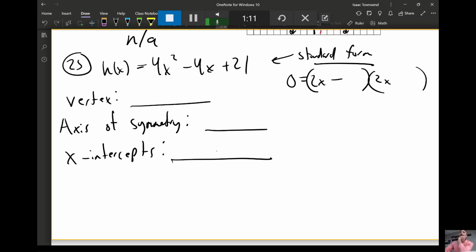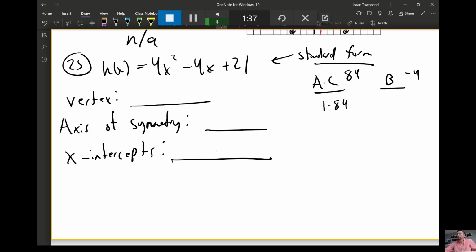let's see, 21. Okay, so if I can't see how to factor it with guess and check, my default is to think about this product-sum method. A times C is 84, B is -4. So if I can think of two things that multiply to this but add up to that, then I can do it that method.